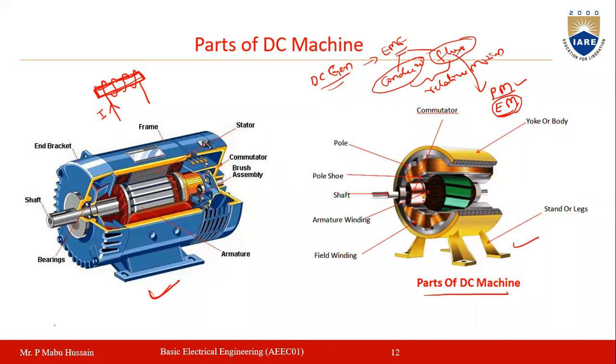Now for this magnet, how can you identify the north pole and south pole? If you see the direction of current here, it is going on the top of your magnetic bar. In another way, you can represent it like this also: inside it will go and it will come out in this way.